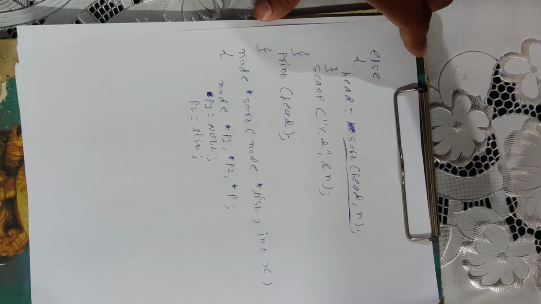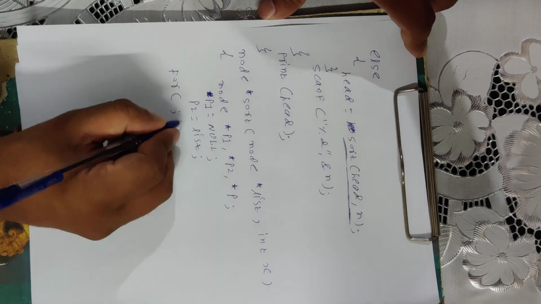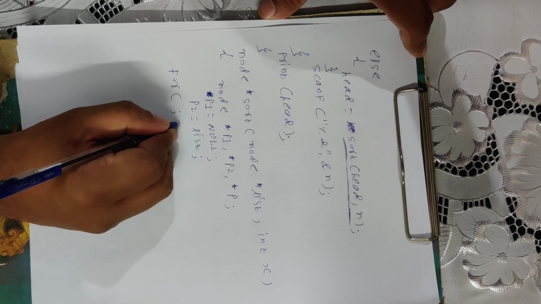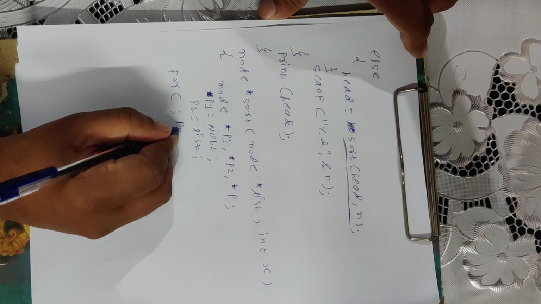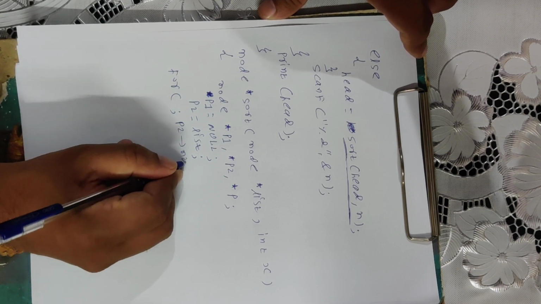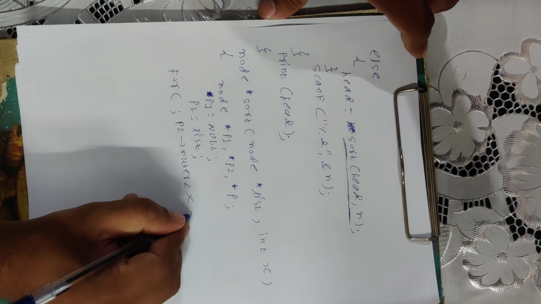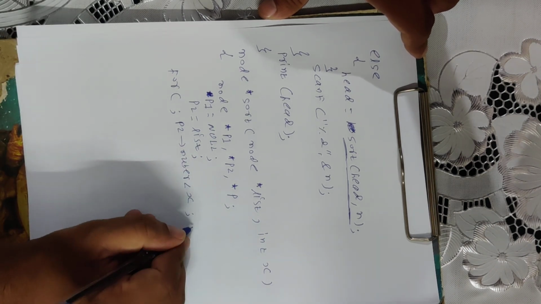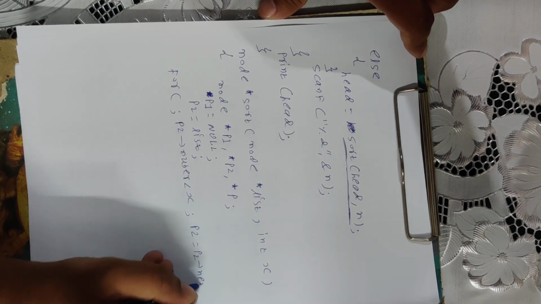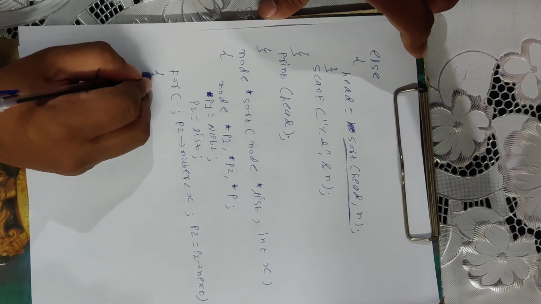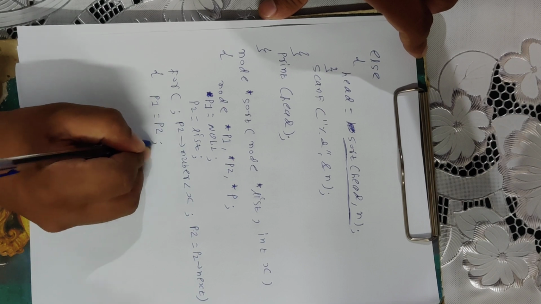Now I am using a for loop which has no initial condition, and I am putting the condition p2->number less than x. And here I am writing p2 = p2->next. Here what I am doing is writing p1 = p2.